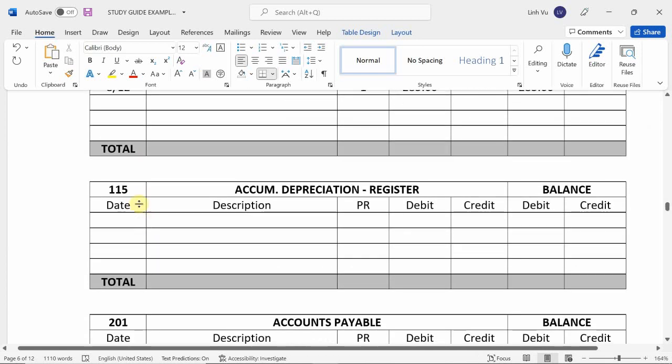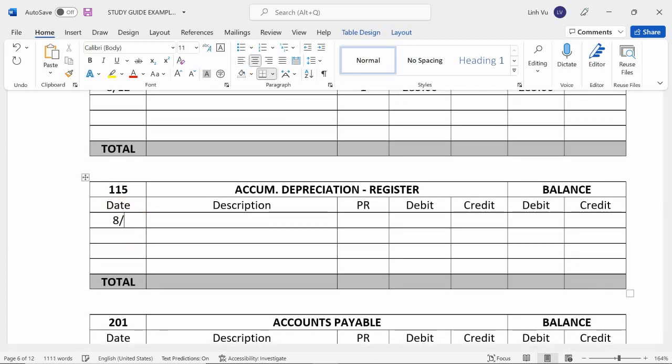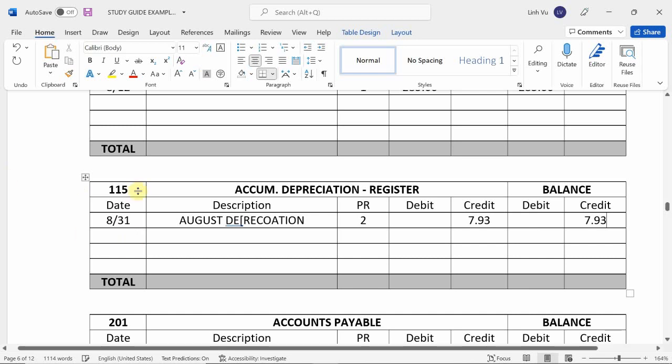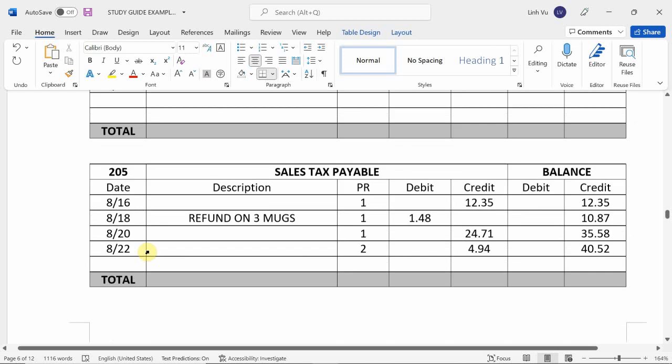Supplies, cash register accumulated right here. 8/31, August depreciation. Which will decrease your account by $7.93. Or actually, in this case, it's a contra account, so it will increase on the credit side.